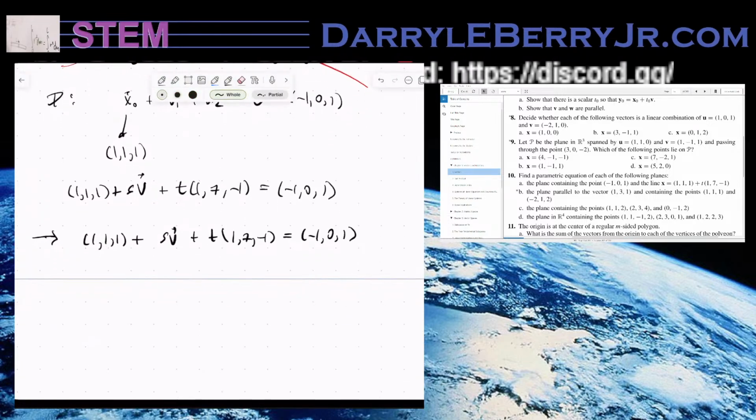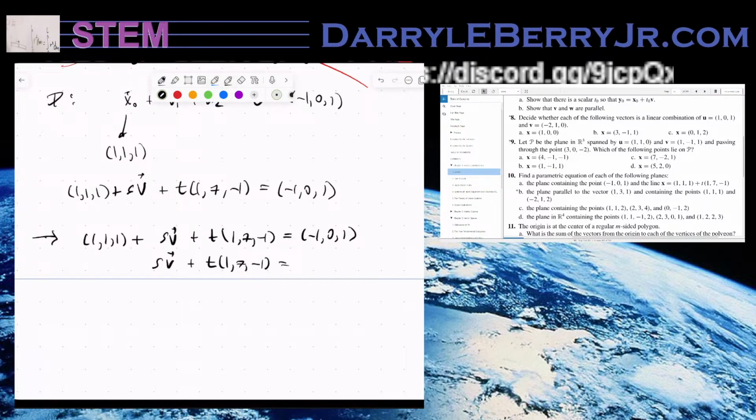So we could bring that to the other side and say SV plus T 1, 7, -1 equals, so I have to subtract 1 from everything. So -2, -1, 0.